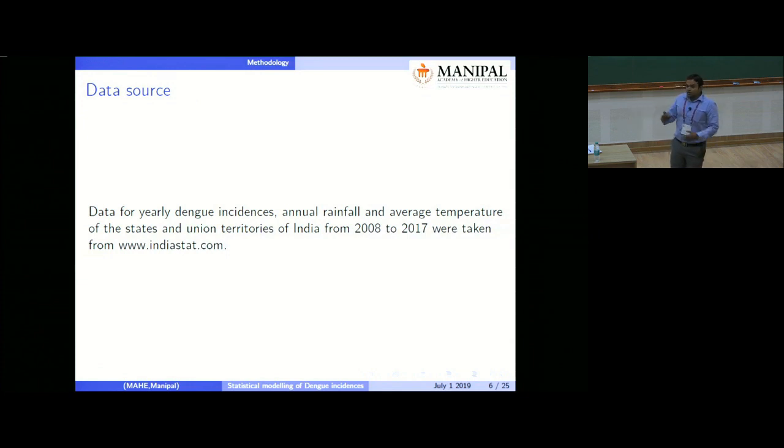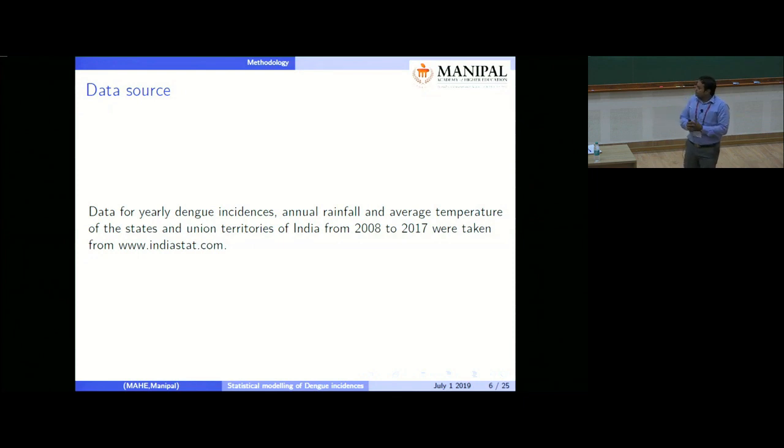Initially we had also planned to collect monthly data for at least 25 to 30 years, but unfortunately we couldn't get access to that data, and we also couldn't get access to the data on humidity. So these were the data which we had: yearly dengue incidences, annual rainfall, and average temperature.